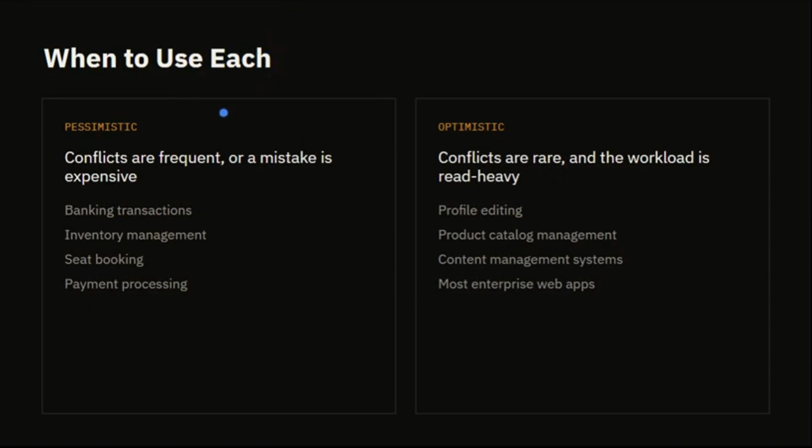So when to use each? Pessimistic locking is mostly for when conflicts are frequent or a mistake is very expensive, because that mistake can cost anything. Optimistic is used when conflicts are rare and the workload is mostly read heavy, not write operations.